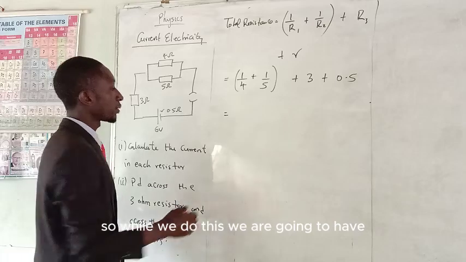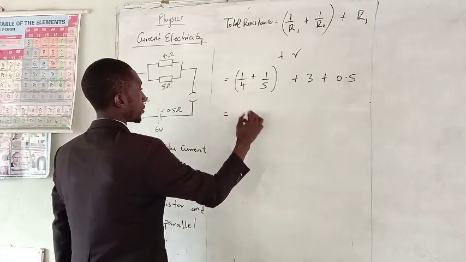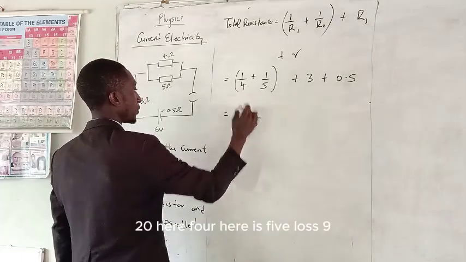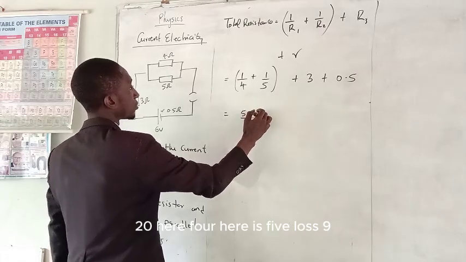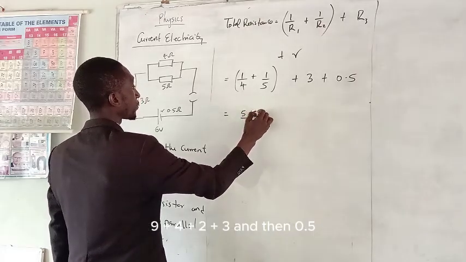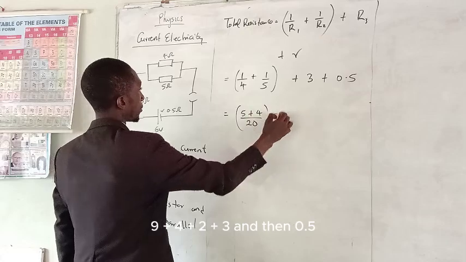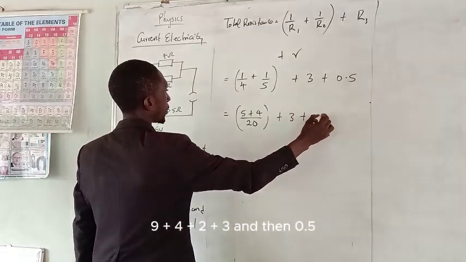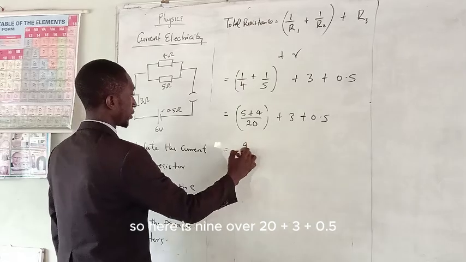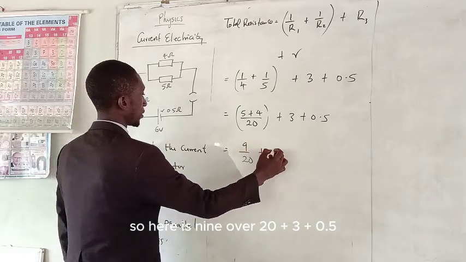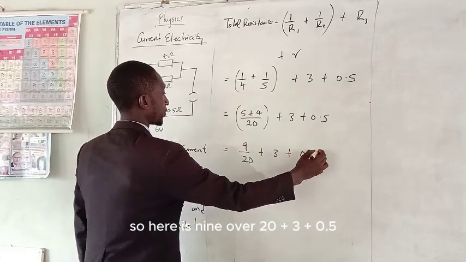So when we do this, we have 20 as the common denominator: 5 plus 4, that's 9 over 20, plus 3 plus 0.5.